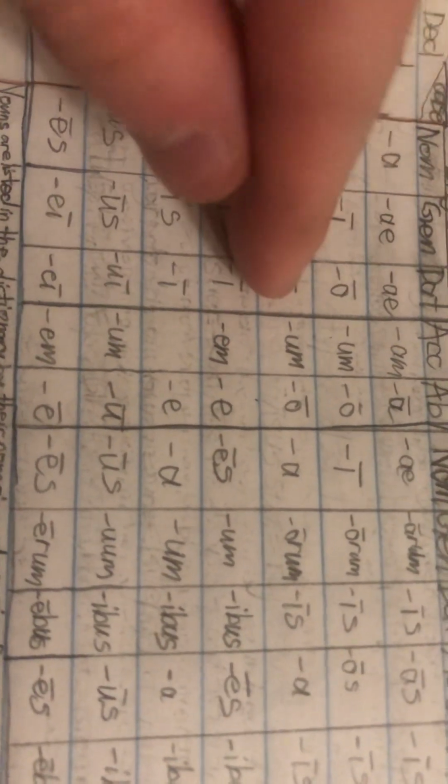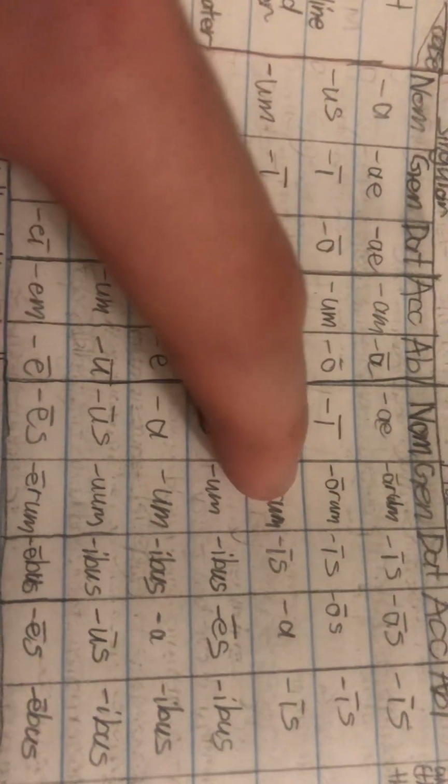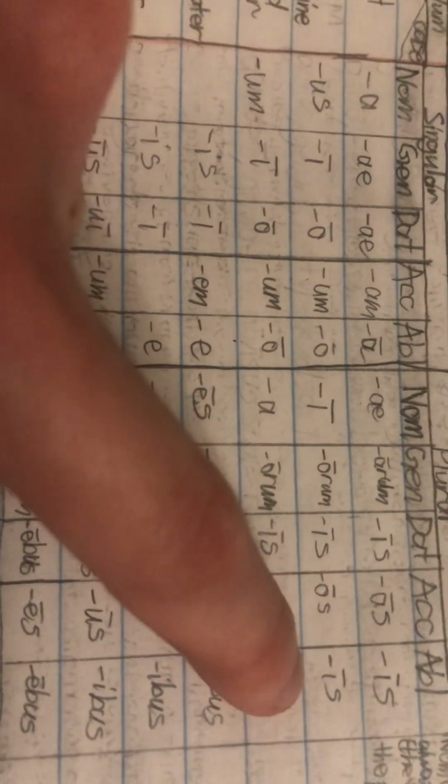The dative singular is o, um for the accusative singular, and o for the ablative singular. Now the nominative plural is i, except in the neuter where it's a. Orum is the genitive plural, is for the dative plural and for the ablative plural as well, and the accusative plural is os, except in the neuter where it's a.